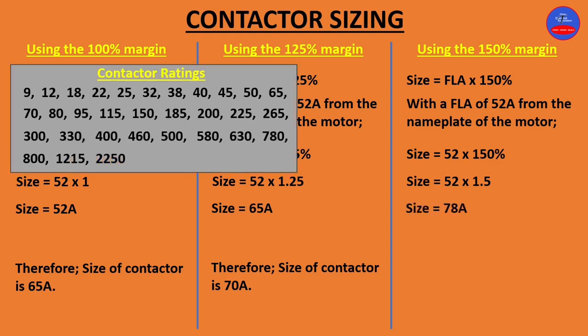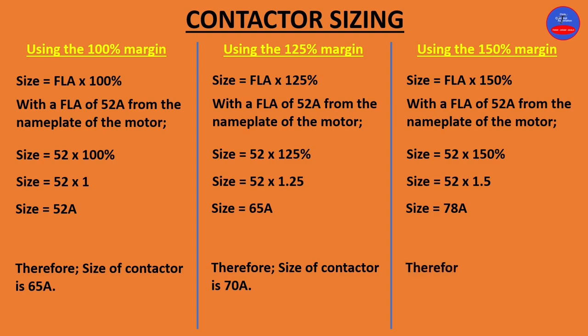Size is equal to 78 amps. When you multiply 52 by 1.5, we get 78 amps. From the ratings chart, okay, we are looking out for a number which is above 78 amps, and that number will be 80. Okay, so therefore the contactor size, all right, is 80 amps.